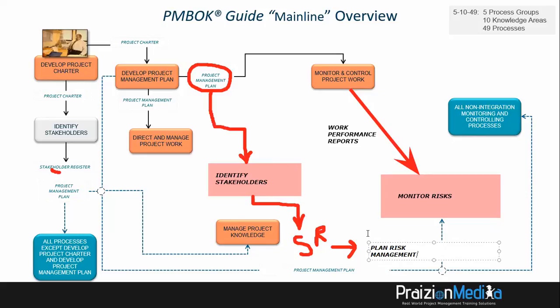And plan risk management is a process that gives you an output that becomes an implicit input to monitor risks. Is this making sense? And you know what that output is? The risk management plan, which is implicitly mentioned in the list of plans under your project management plan.